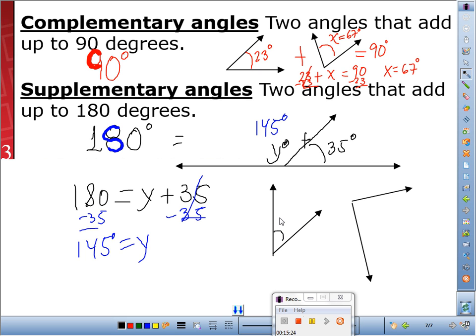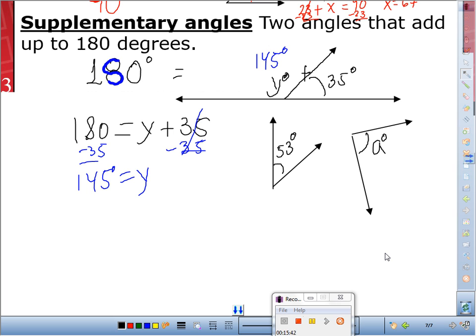Give me a number. 53 degrees. That's 53, and this one we're going to label A. So I want you to find me the degrees for A if these two are supplementary. I'll pause it here.